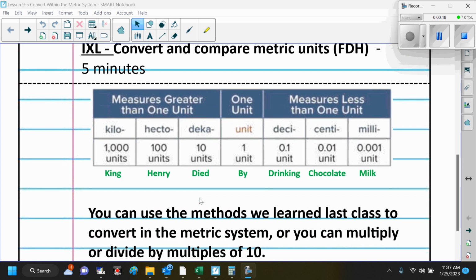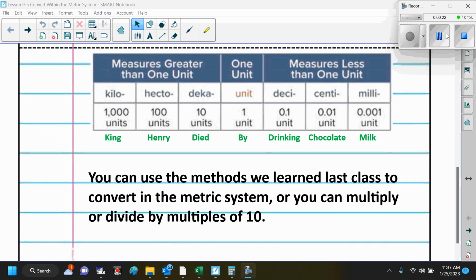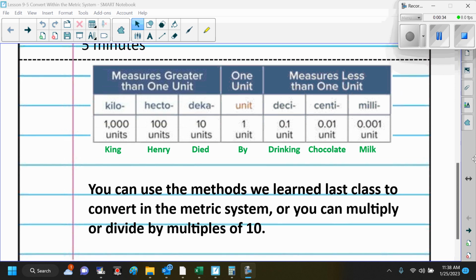This is a chart that you just got. Okay, so here we have kilometers, kilo, hecto, deca, the unit, the deci, the centi, and the milli. Now, on this chart, we've got larger units to the left.